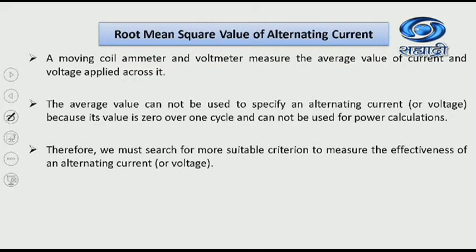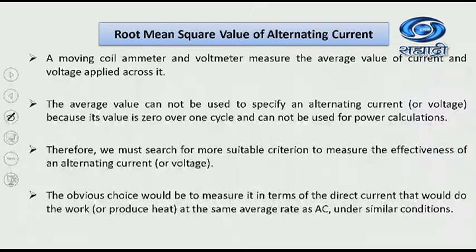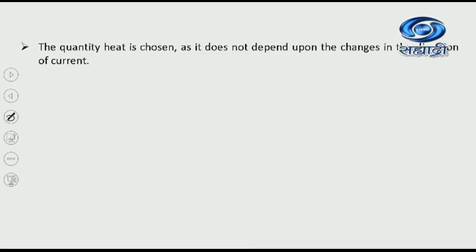Therefore, we must search for more suitable criteria to measure the effectiveness of an alternating current or voltage. And the obvious choice would be to measure it in terms of direct current that would do the same work or produce the same amount of heat at the same average rate as AC under similar conditions.